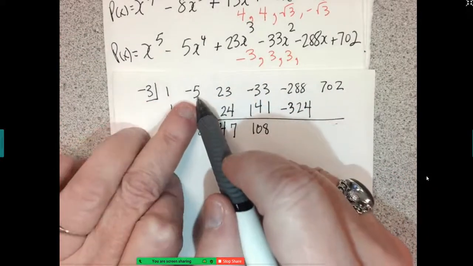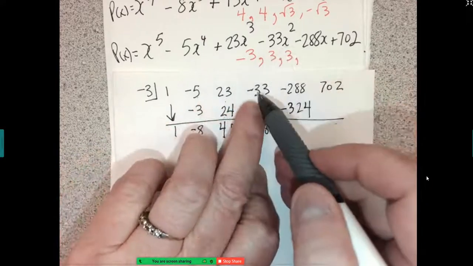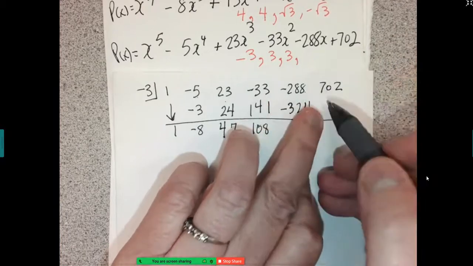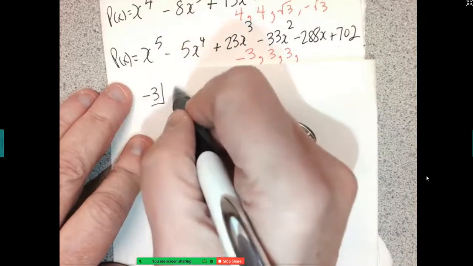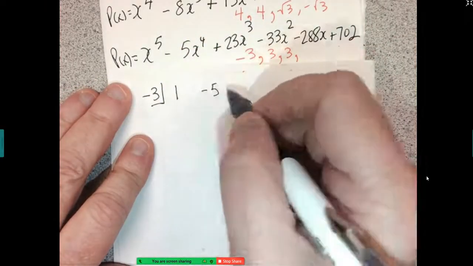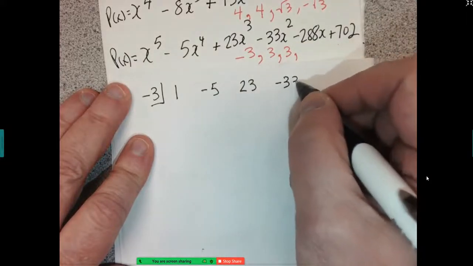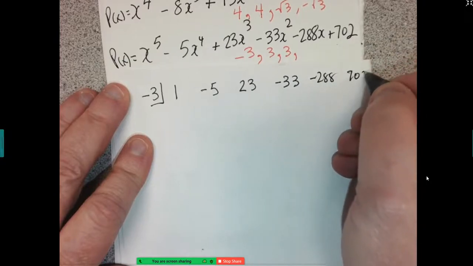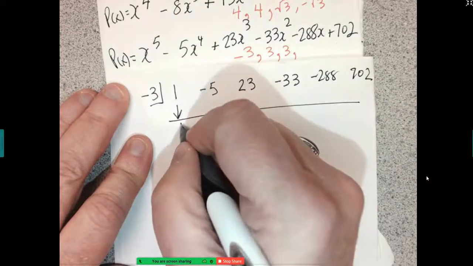I have negative 5, then I have 23, then I have negative 33, negative 288, and positive 702. Try it again. That didn't look like it was going to give me 0. Okay.